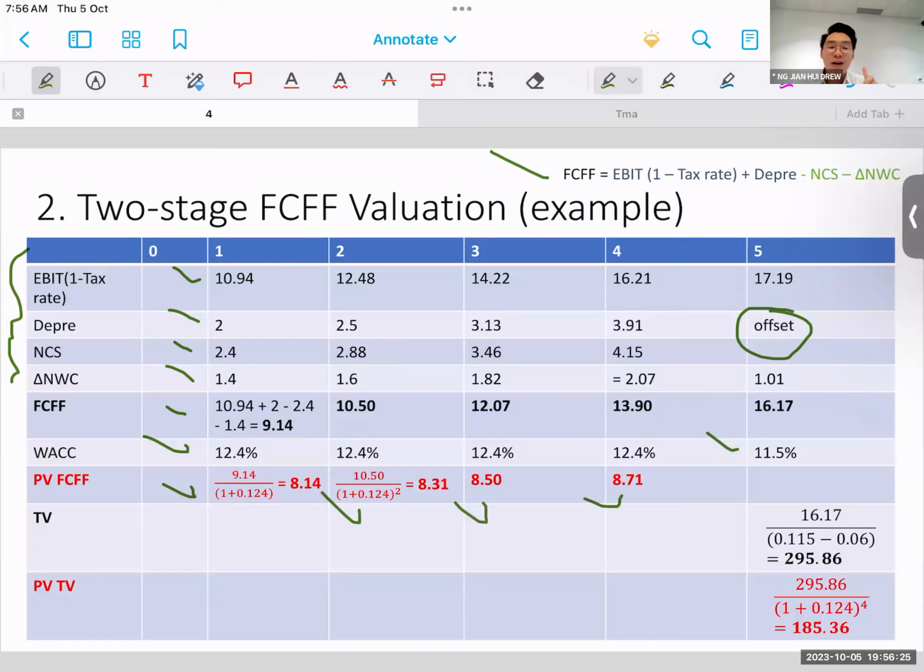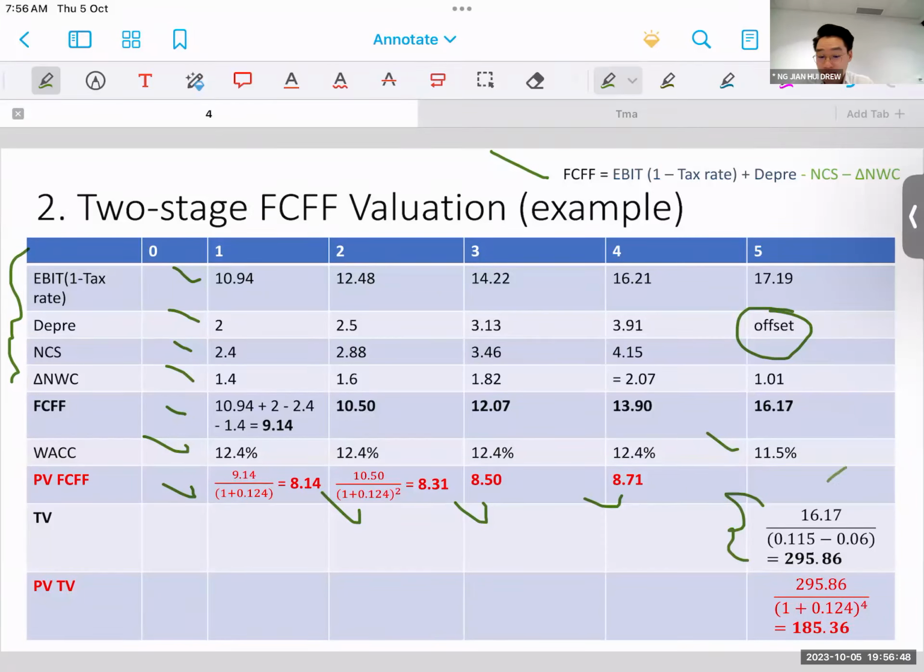But recall, high growth ends in year 4, right? So when you calculate year 5, that is where you use the present value of your terminal value. For terminal value, we use the growing perpetuity, as mentioned by some of you earlier. So this is your growing perpetuity.